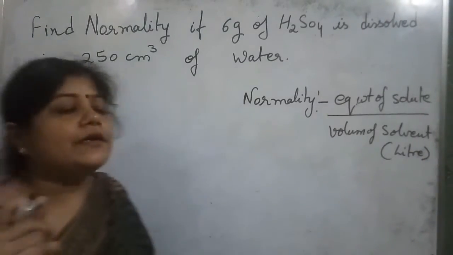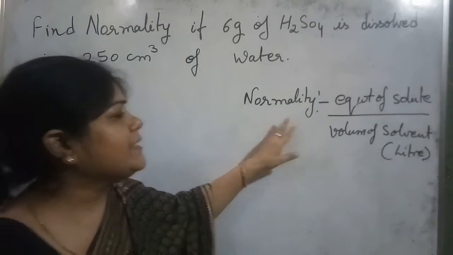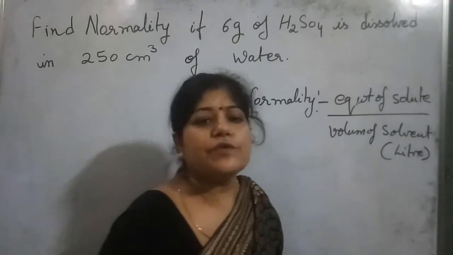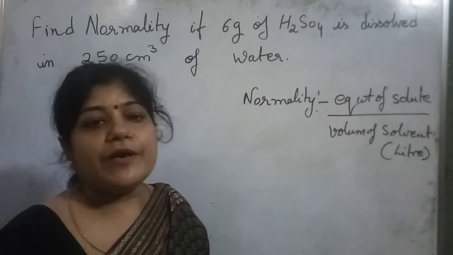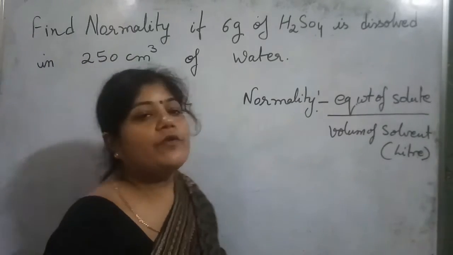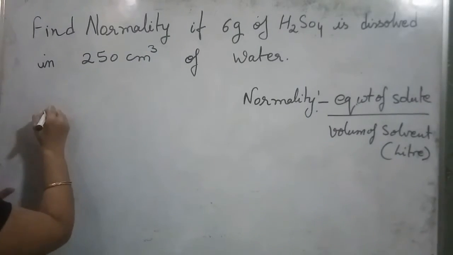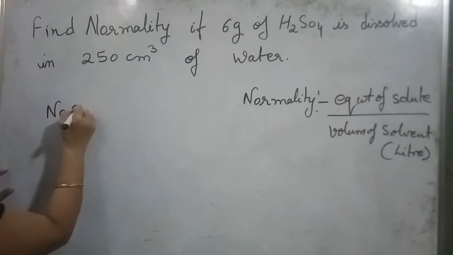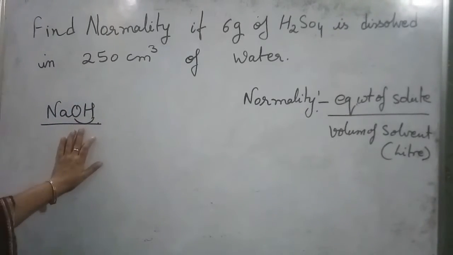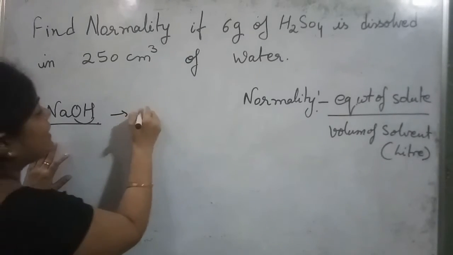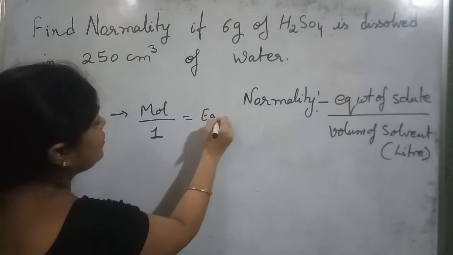So there is a little bit of difference between normality and molarity. In case of normality, we take the equivalent weight of the solute. And how will you find the equivalent weight? I will make a separate video, and in this video I am just giving you a simple concept. For example, if NaOH, then here one OH ion is released, so we divide the molecular weight by 1 and we get the equivalent weight.